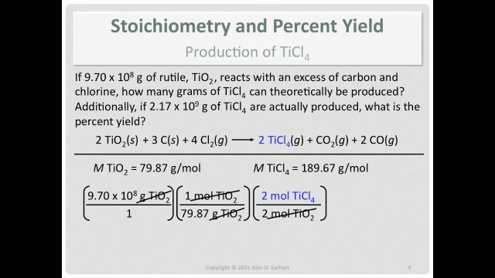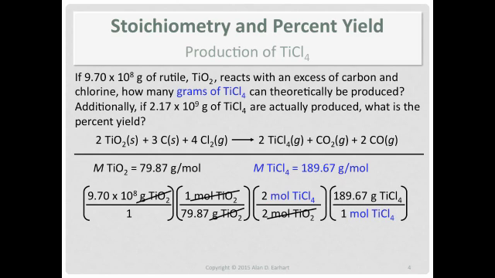That's the only place the coefficients go, right there. Now at this point we have moles of TiCl4, but we do want mass, we want grams. So now we have to use the molar mass. Do we multiply or divide by the molar mass? Yeah, multiply. Make the units work.